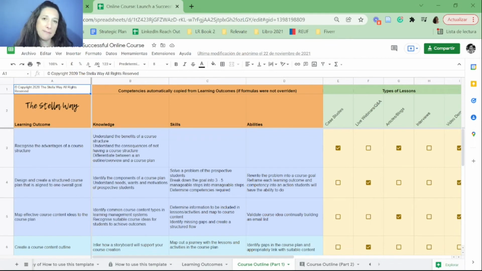Do they already have experience of a course structure? Do they know what it is? Or do we have to create a video explaining what a course structure is and then use case studies to demonstrate the benefits and the consequences of not having a course structure?